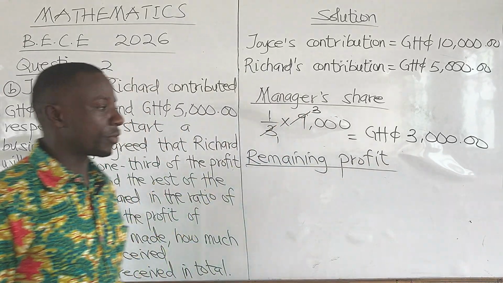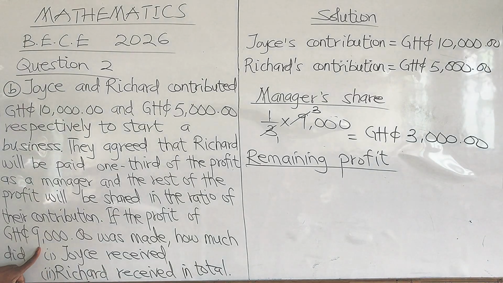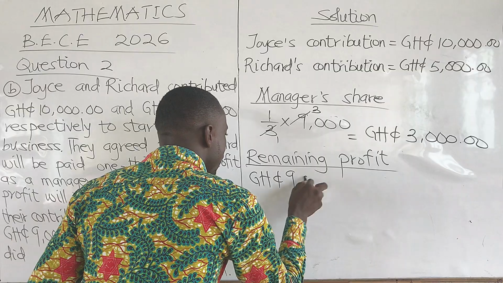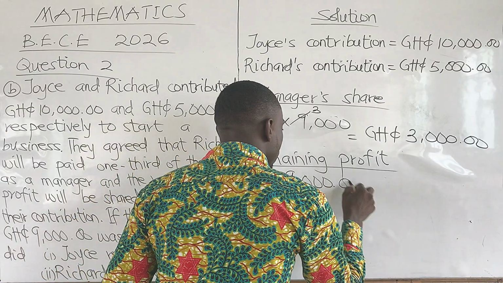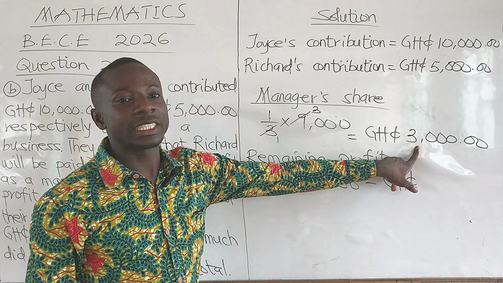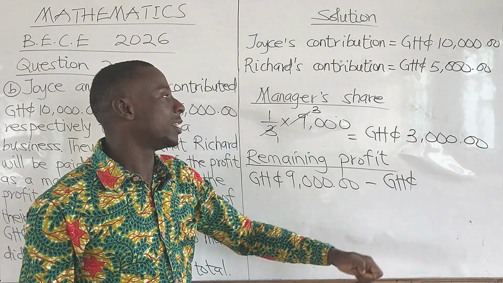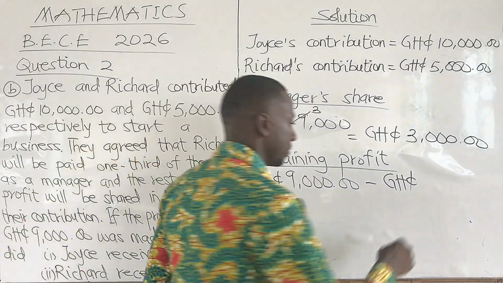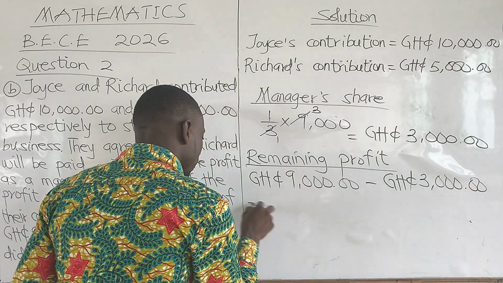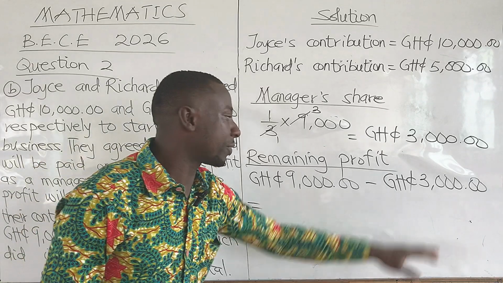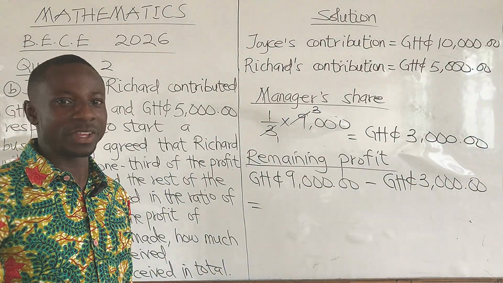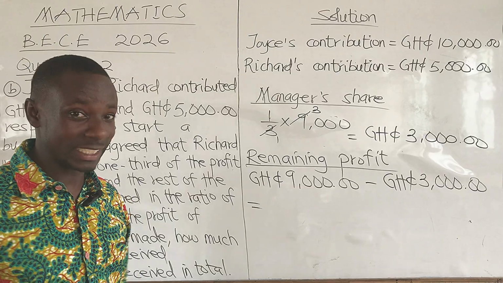So now the remaining profit is going to be the total profit, which was the 9,000, minus the 3,000 Ghana cedis, which has been used for the manager. And from here, when you take the difference, 9,000 minus 3,000, what do you think we are going to get? So we have 6,000.